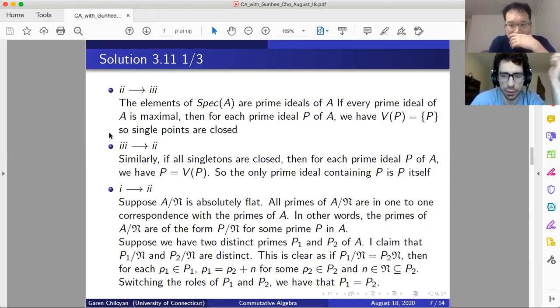But sets of the form V(P) are closed, so the singleton P is closed. We can do this with all singletons, and so all single points are closed.